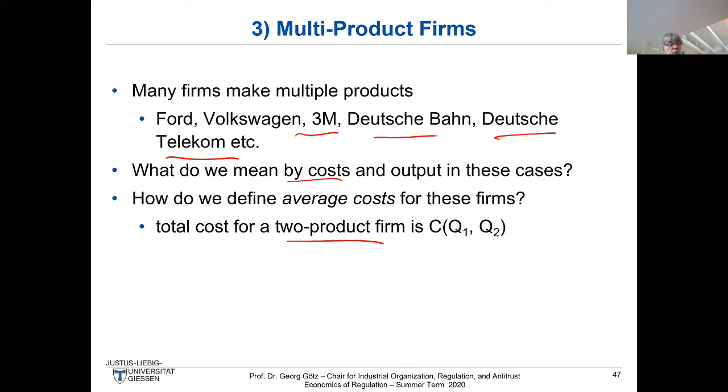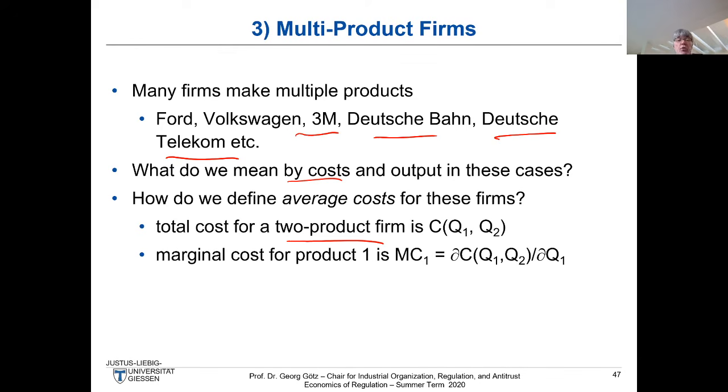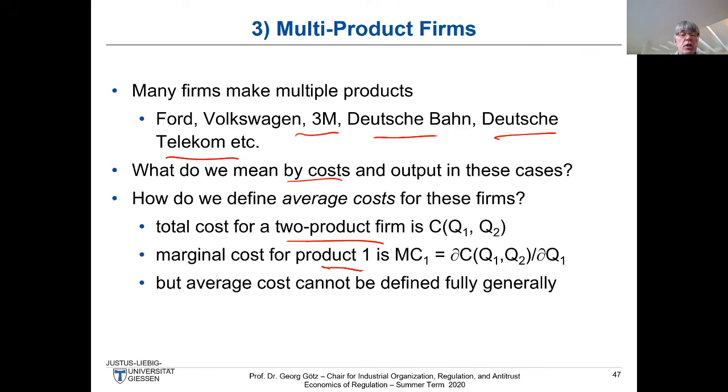As I told you, I myself drive a Volkswagen Touran, so I will just give as an example the Touran and the Polo. So here you have these two products which you produce. The marginal cost for product 1 should be rather clear. What does it cost Volkswagen to produce one additional Touran or one additional Polo?